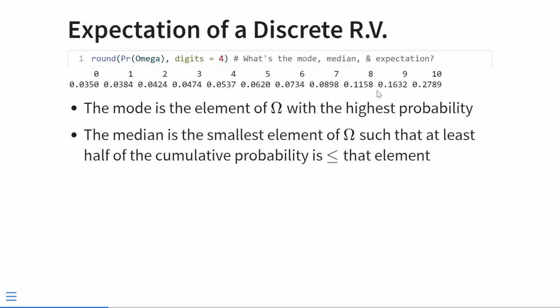But since the median is defined as the smallest element of a sample space such that the condition holds, it's going to be exactly an element of the sample space. So in this case, omega consists of integers, and so the population median is also going to be an integer as opposed to something between 7 and 8.